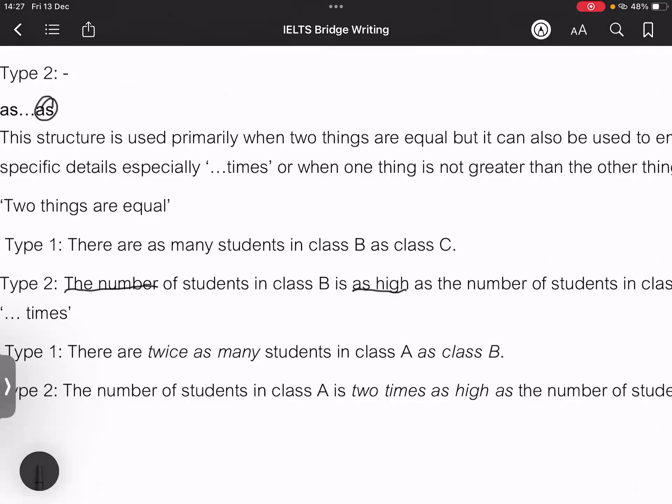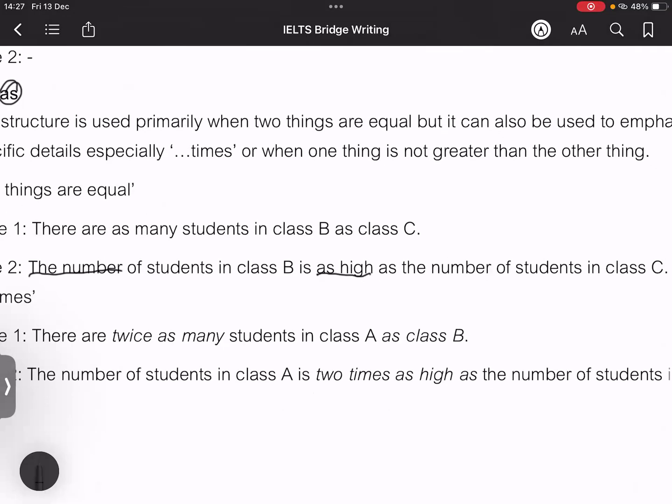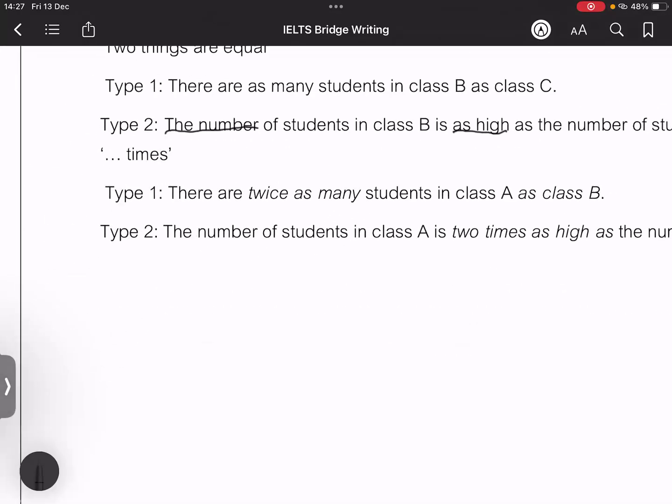When you want to say equally high, you use as high. The number of students in Class B is as high as the number of students in Class C. All right?